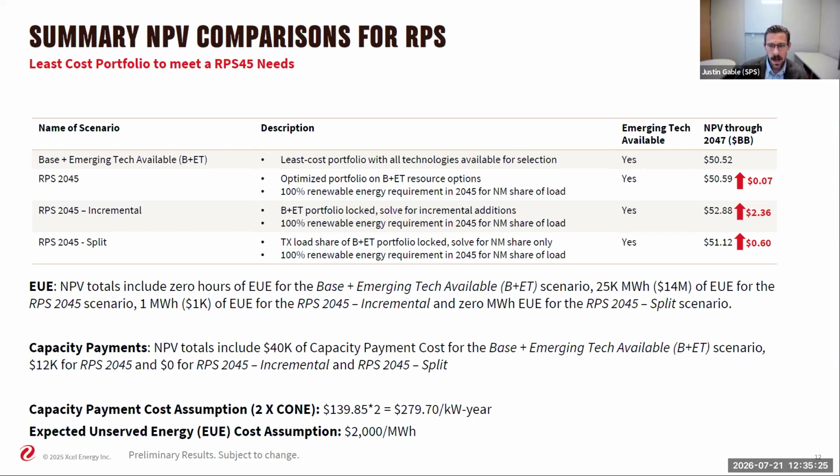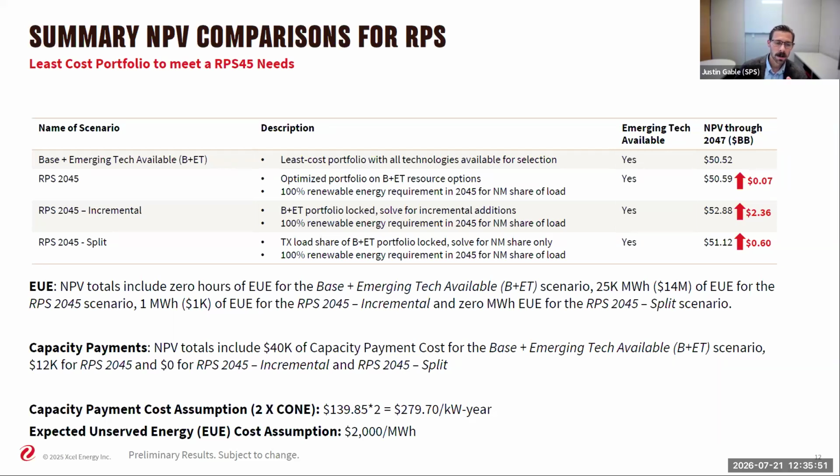In general, you can see that RPS is costing between 600 million to 2.36 billion more as compared to our base emerging tech scenarios. So there is an incremental cost for RPS. In general, that is in alignment with what we were expecting.